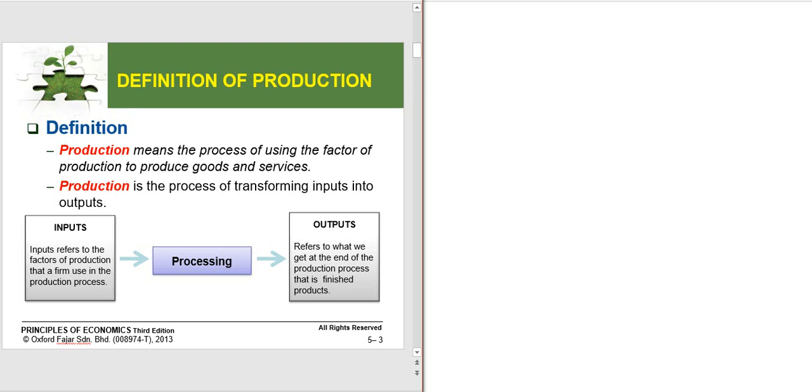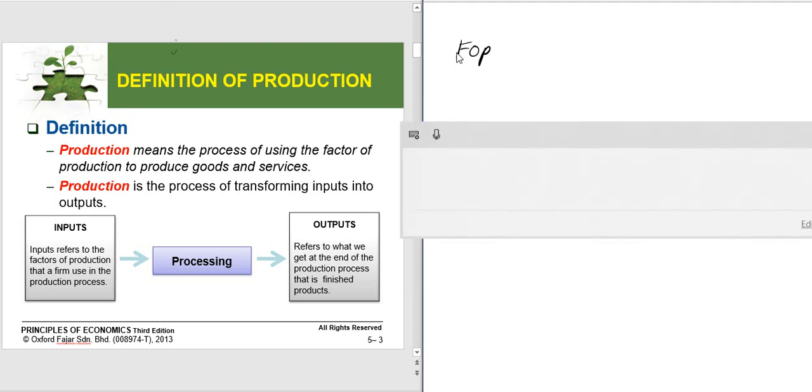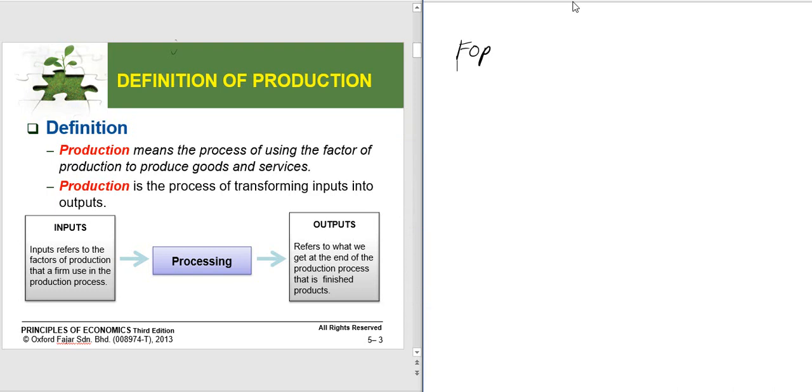Production is a process of using the factors of production to produce goods and services. So we have the term factors of production here. Factors of production are actually the resources or the input that you are going to use in your production.